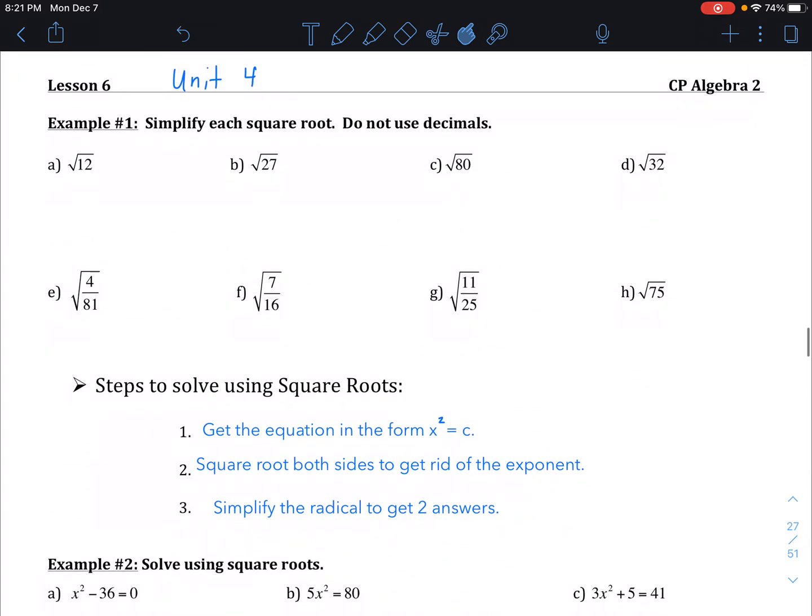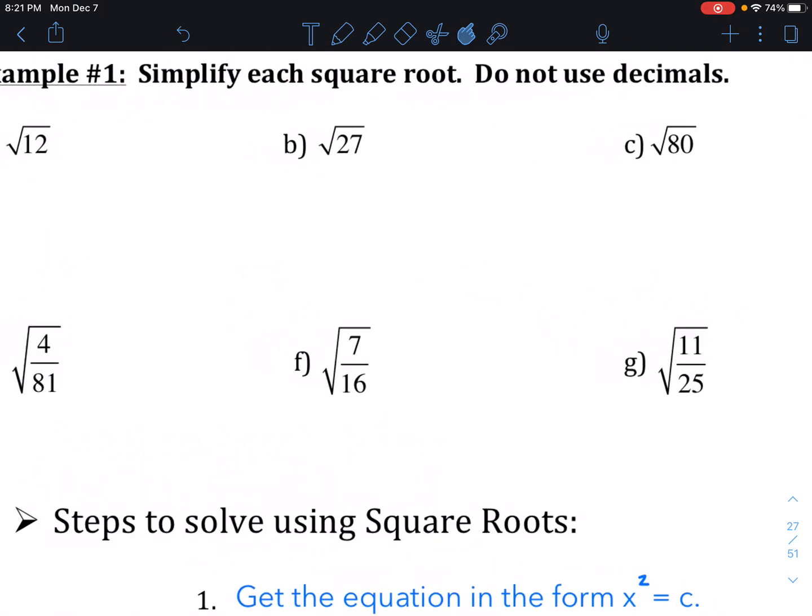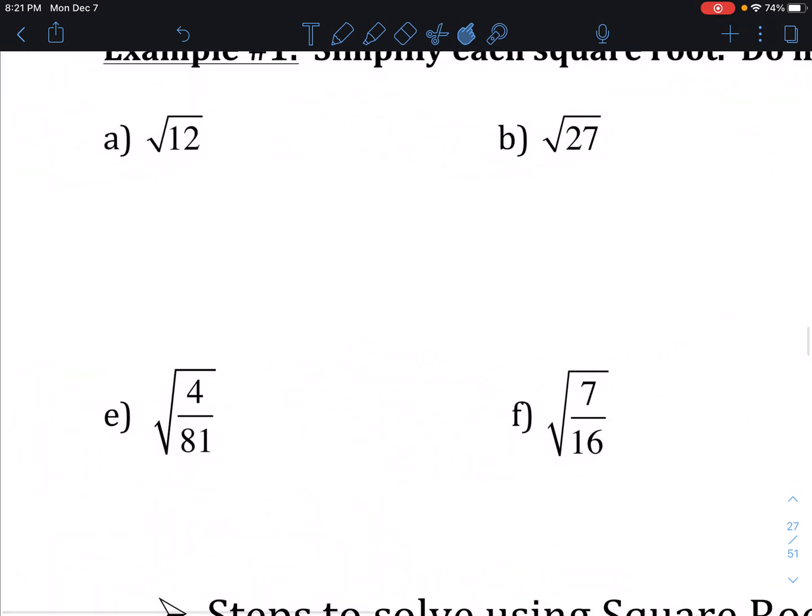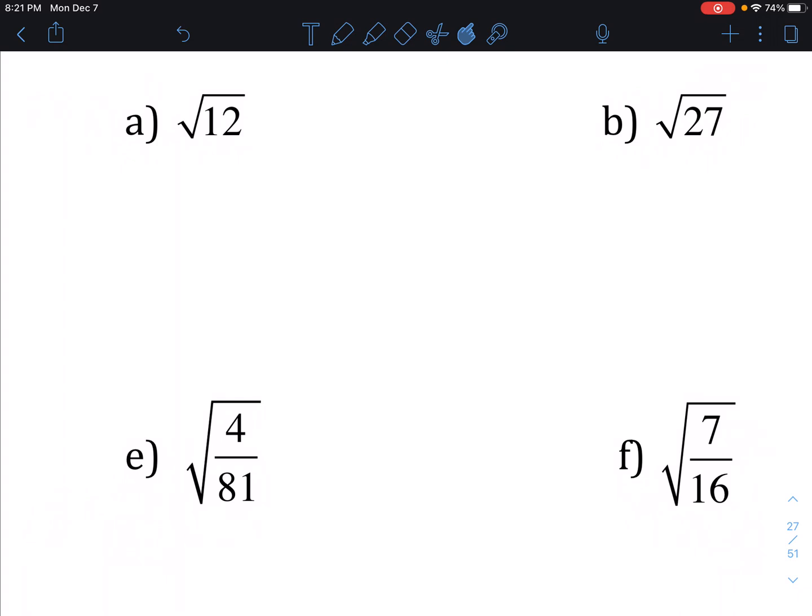We're going to simplify each square root, and we are not going to use decimals. So in letter A, there's a couple ways of teaching this. One's using a factor tree. The way that I teach it is I want people to think, what is the biggest perfect square that multiplies into 12? Okay?